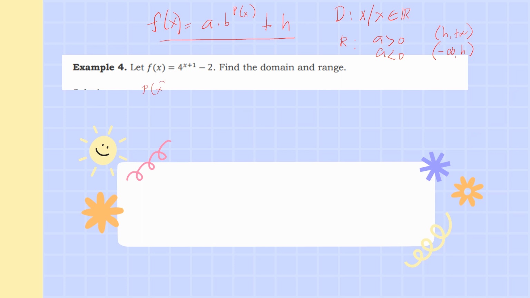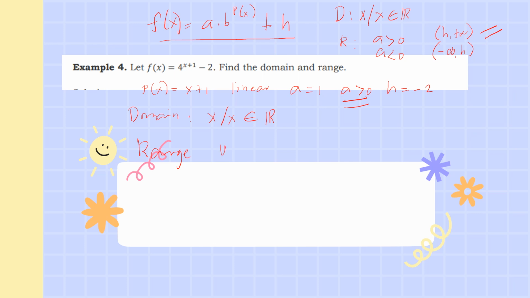p of x is x plus 1, and this is linear. With this, identifying the value of a here is 1, and a is greater than 0. Our h is negative 2. So from this given, we can now identify, since we know already the domain are elements of real numbers, while the range, since this is greater than 0, will take this one.